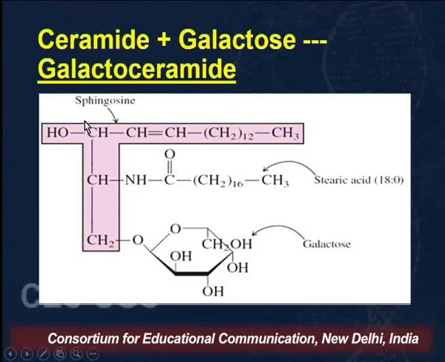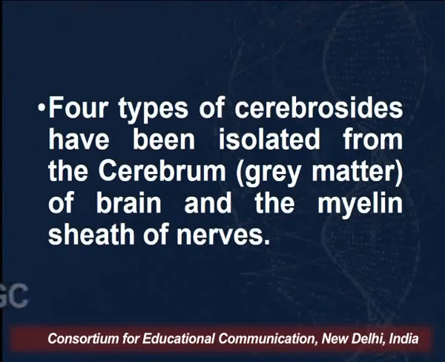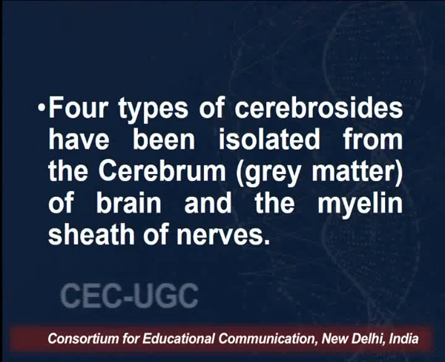This part, till here, is the ceramide, and here the anomeric carbon of the monosaccharide, which is galactose, is involved in beta linkage with the OH group on the first carbon of the alcohol moiety, which is your sphingosine, resulting in the formation of galactosylceramide.